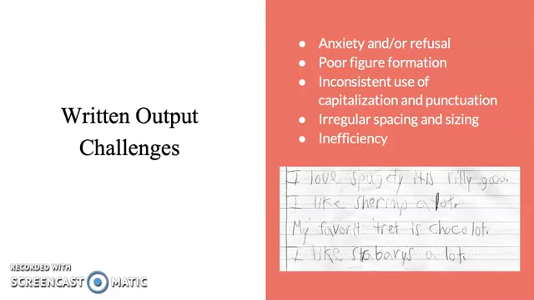And what we see is really the student's performance in terms of written output is below, and sometimes significantly below, what we would really expect when considering that person's age, cognitive level, and their level of education.